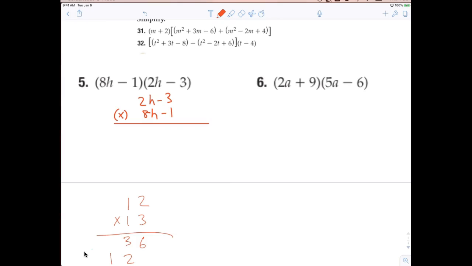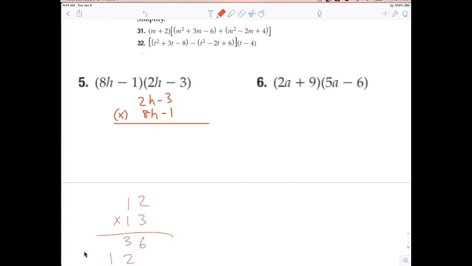Catalina, what'd you get? Did you get it? Tell me. Close. 16h what? Yeah, 16h squared. So the answer is 16h squared minus 26h plus 3.